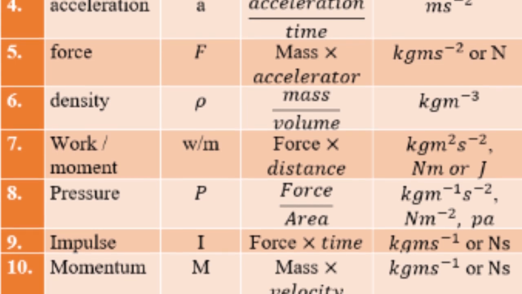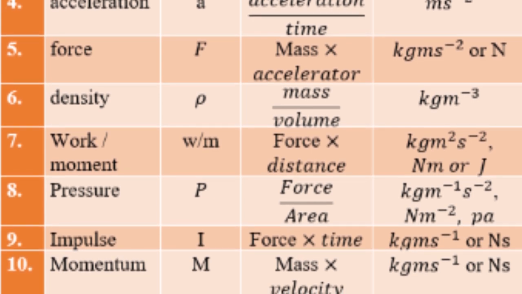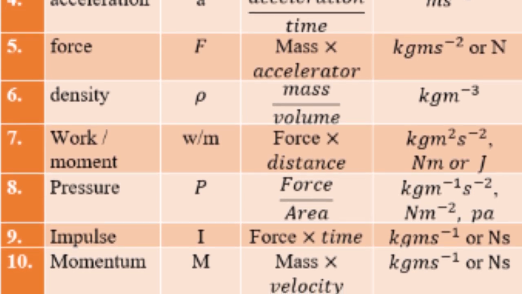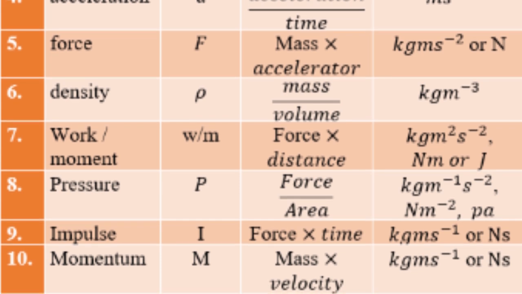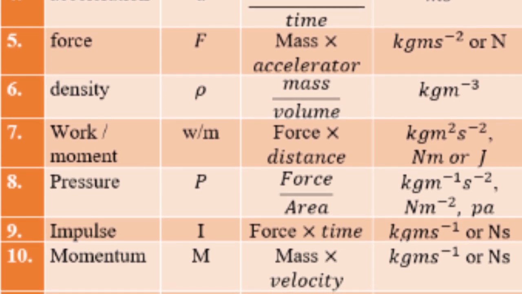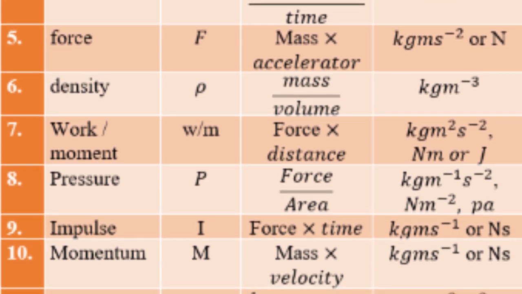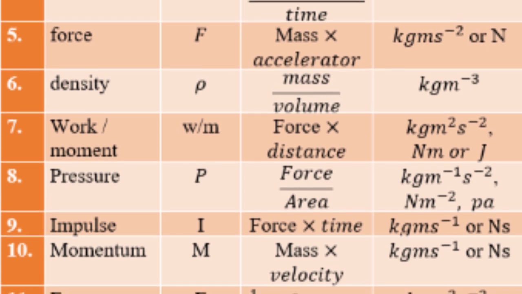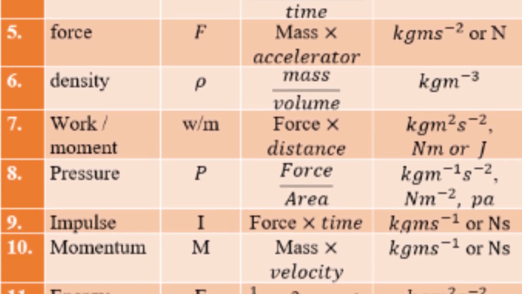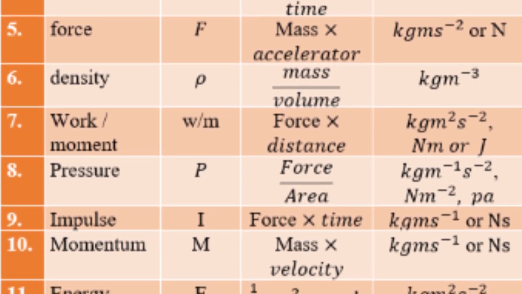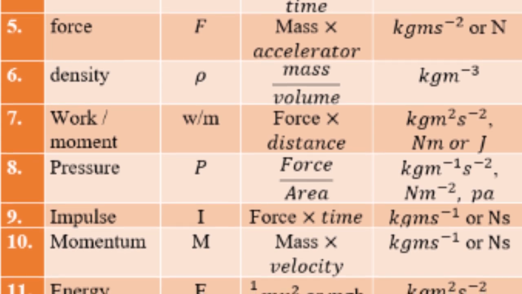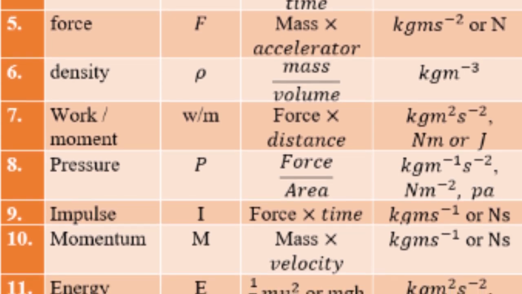Work has the symbol W while moment has the symbol M, but they have the same formula, which is force times perpendicular distance. And the SI unit of work or moment is joules, or Newton meter, or kilogram meter squared per second squared.